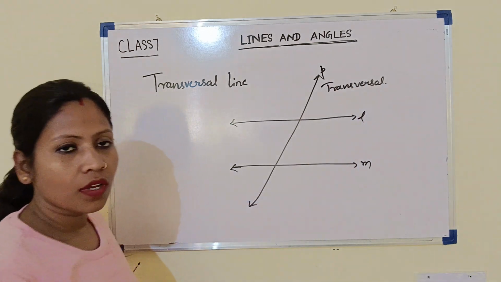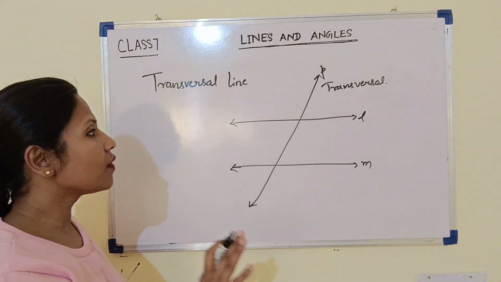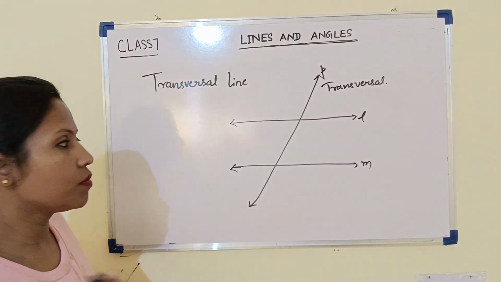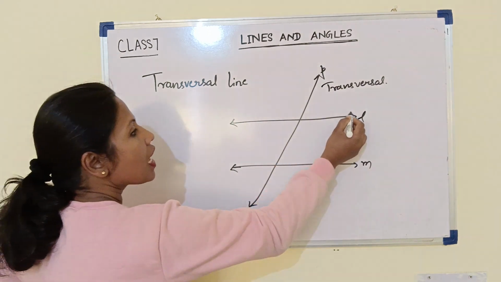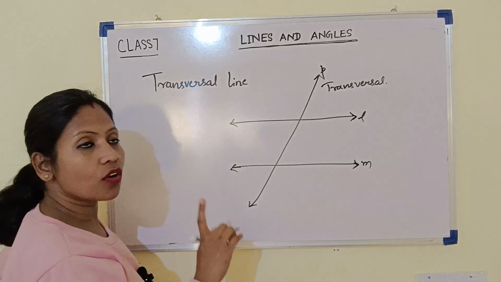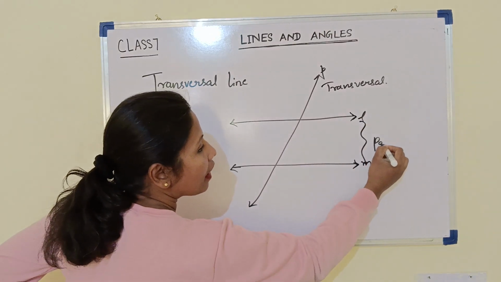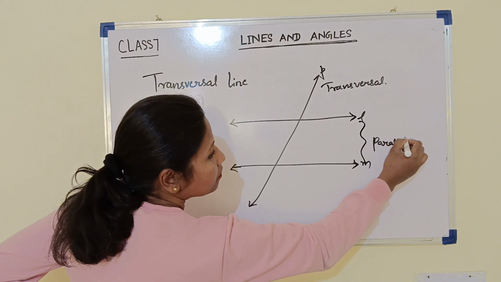Okay, and be careful because there are many angles formed here and they have a very close relation between them. Condition is this L and M are parallel. Okay, so we are talking about parallel lines.